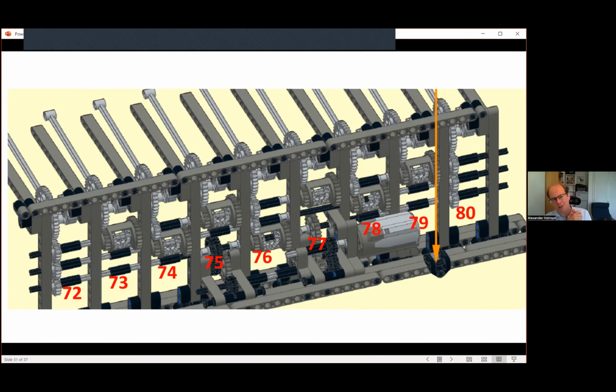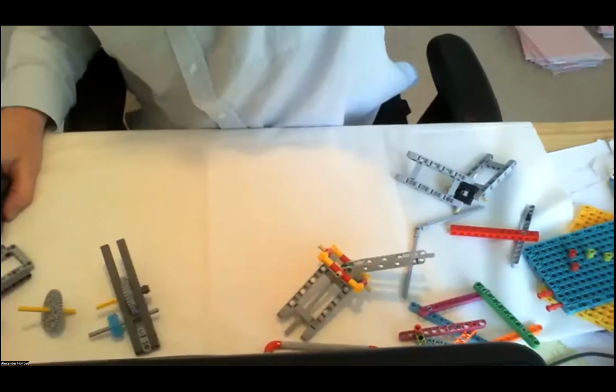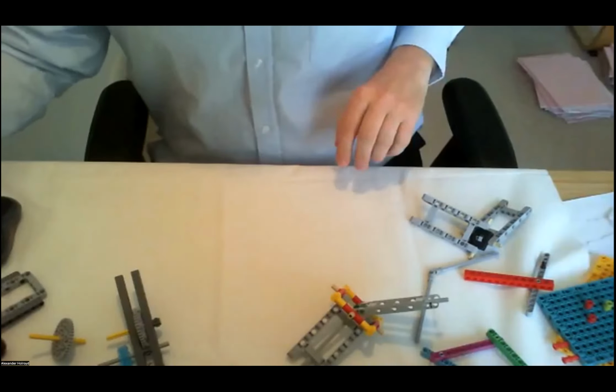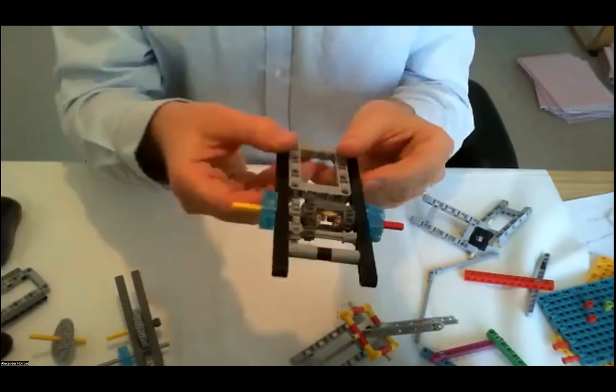I tried that, and interestingly, it just doesn't work. You try to turn it and it binds up. I don't really understand why that is. It's a bit of a mystery. And I'm running out of time, but let me show you another version of this same mystery.